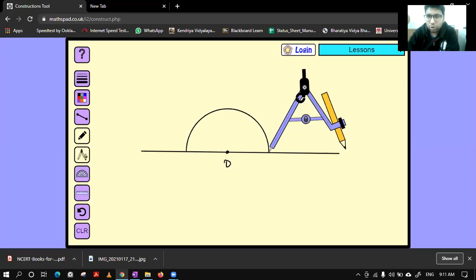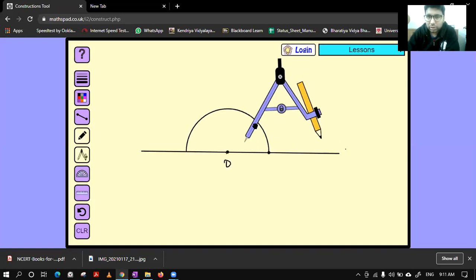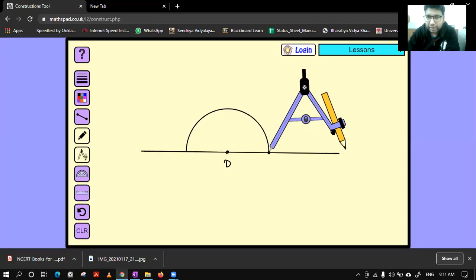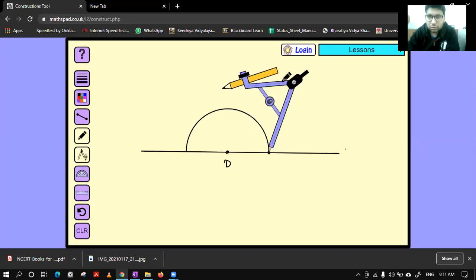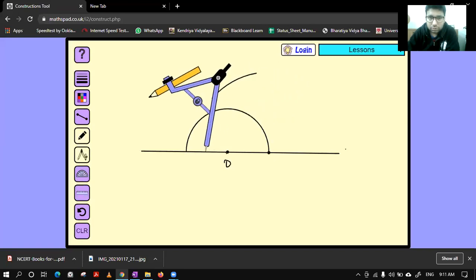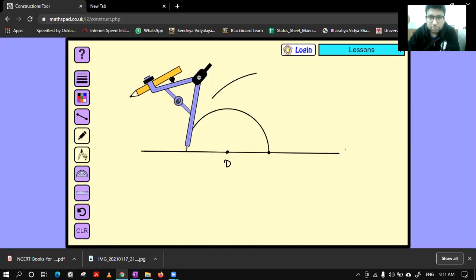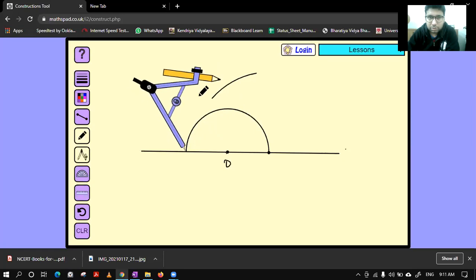To draw 90 degree, we all know we have to bisect 0 degree and 180 degree. So first bisecting the 0 degree angle. Let's come near this. So we have got the 90 degree thing. This is the 90 degree thing.